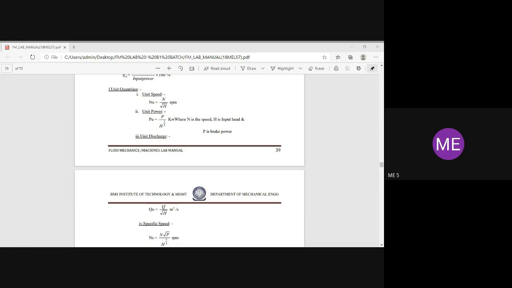Then totally you would have to do 32 calculations, 16 plus 16. So for 270, I'm giving the 270° gate opening now.